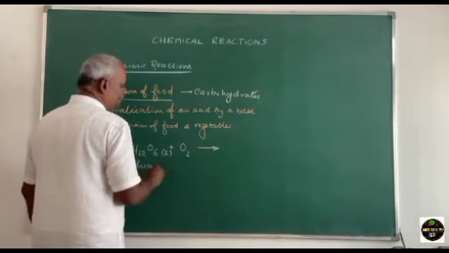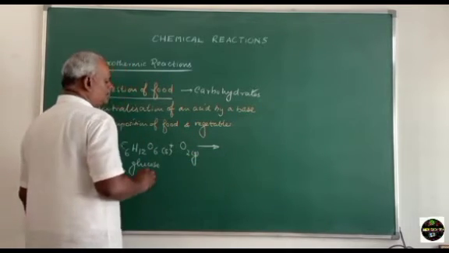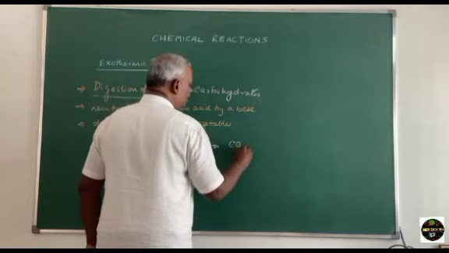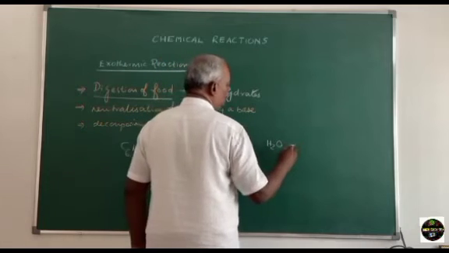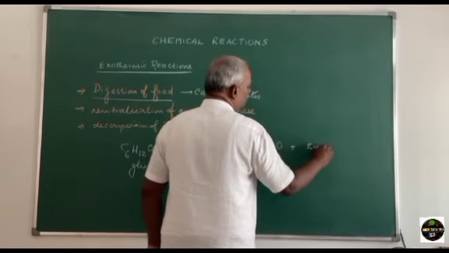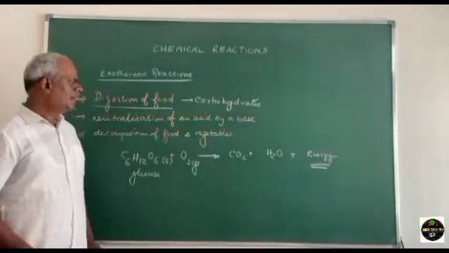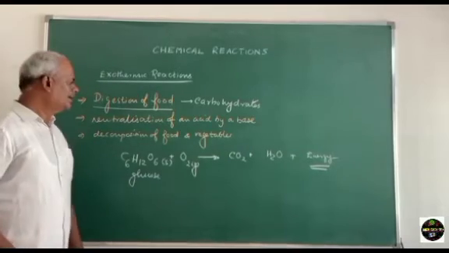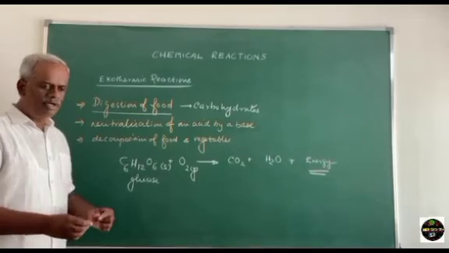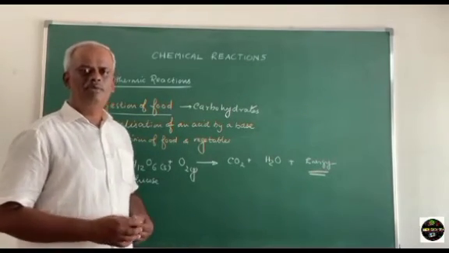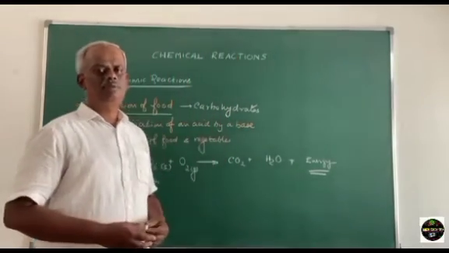While burning this in the presence of oxygen gas, we get carbon dioxide and water, H2O. In addition to that, energy is released. Here the energy might be in the form of heat, and hence it's the best example of an exothermic reaction. Wherever in a reaction heat energy is released, it means it's an exothermic reaction.